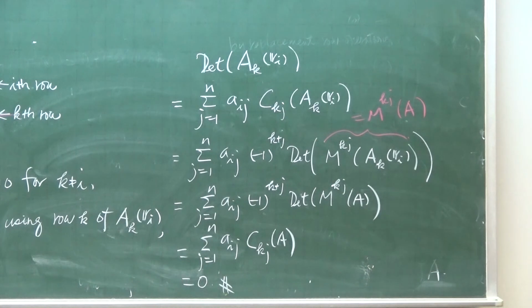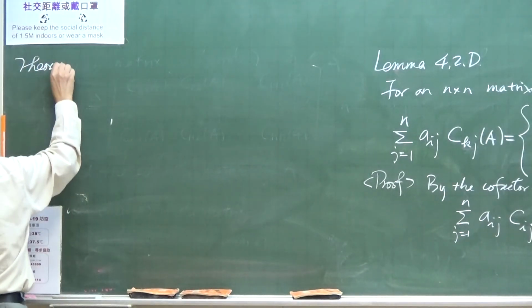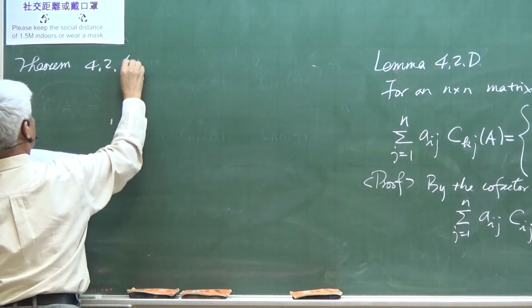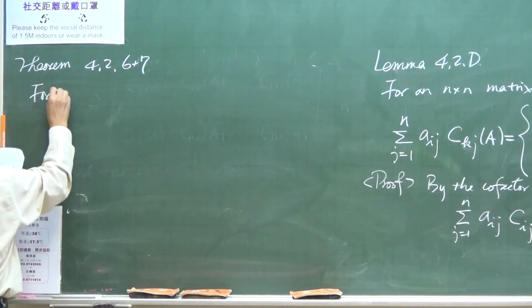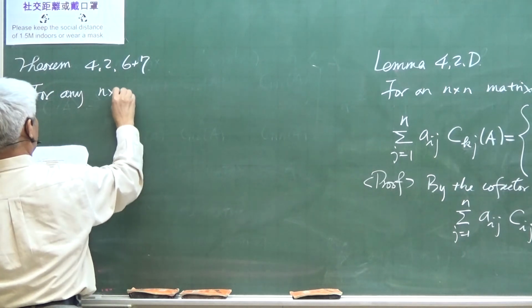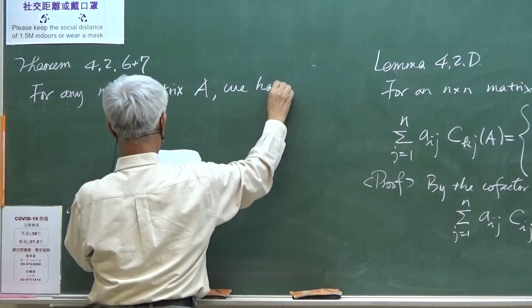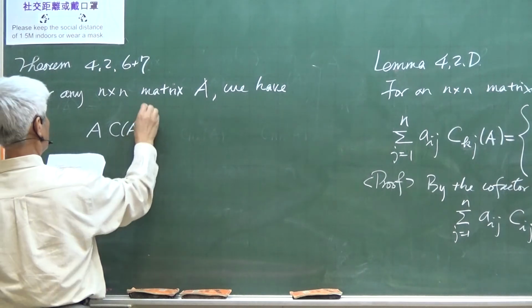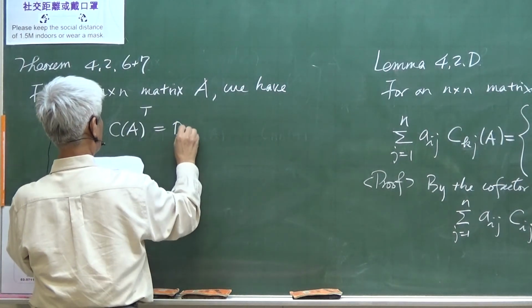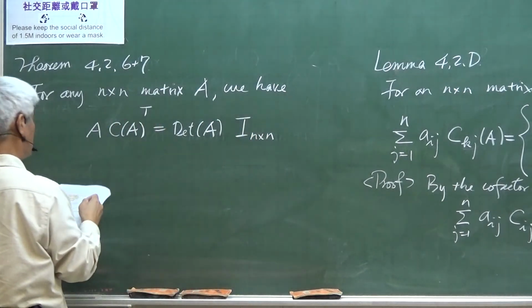All right, sorry. I put two theorems in the text together. So for any n times n matrix A, we have that the cofactor matrix, take the transpose, times A is equal to the determinant of A times the identity matrix.